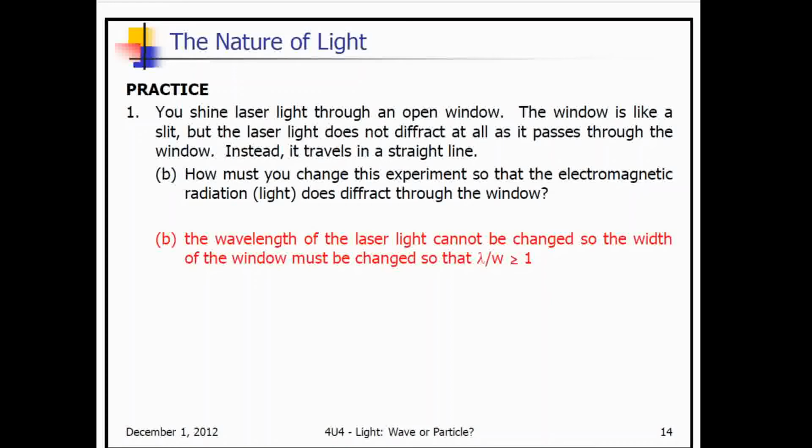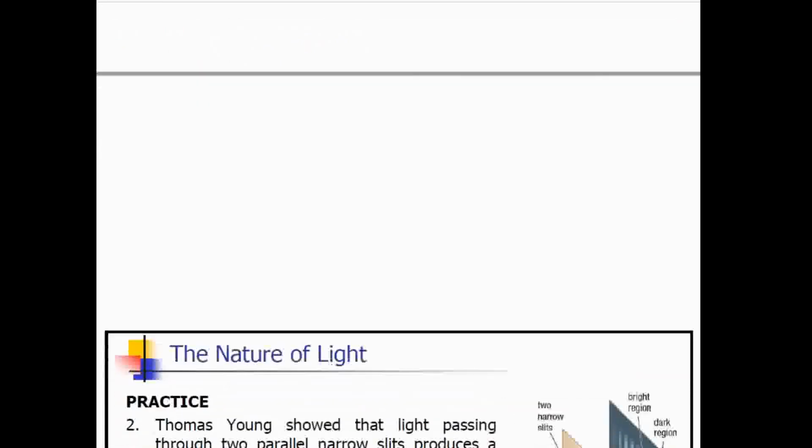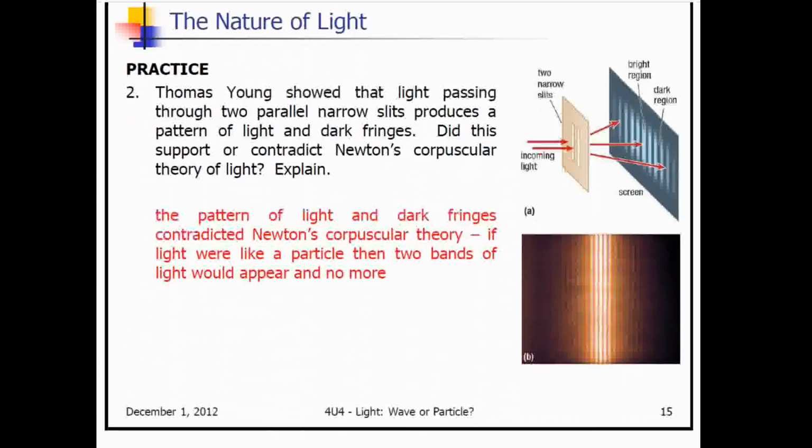We have to make the window thin enough that its width is actually less than the wavelength of the laser light. Now, the wavelength of the laser light is on the order of hundreds of nanometers. And if we had a window that was that thin, it would probably break pretty easily. So that's something that's pretty difficult to do.